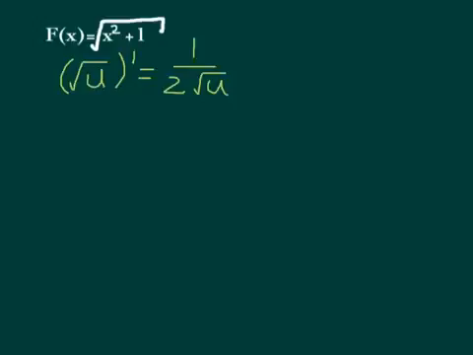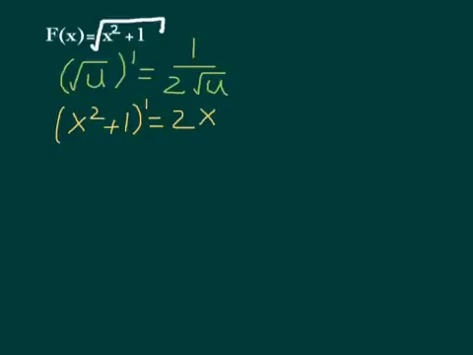The only difference is that this time our u is not just a variable, it's another function. The derivative of that internal function is, of course, 2x. This is just the preparation we were doing for the main thing.